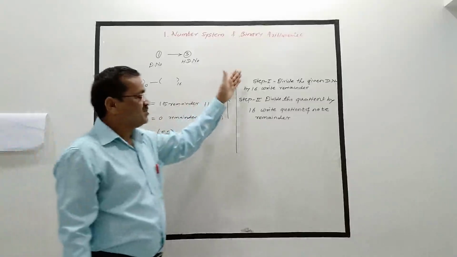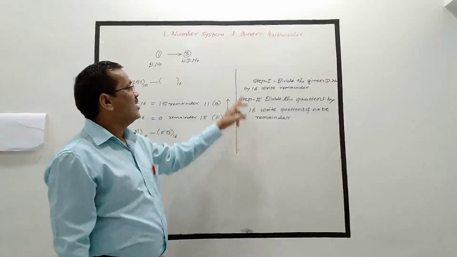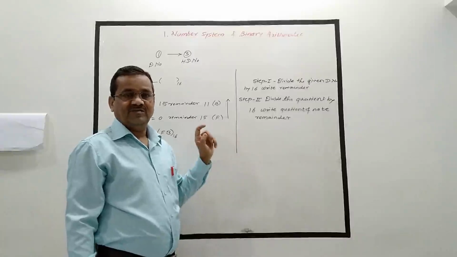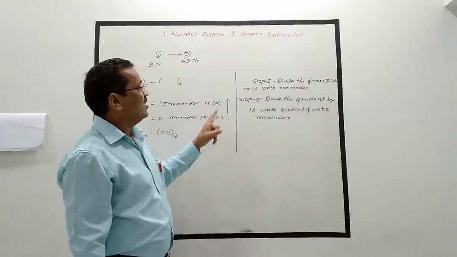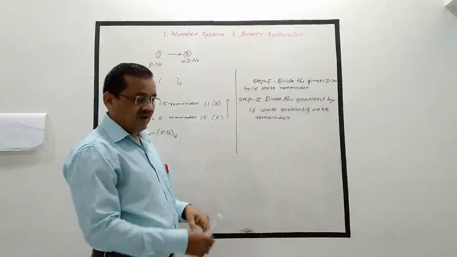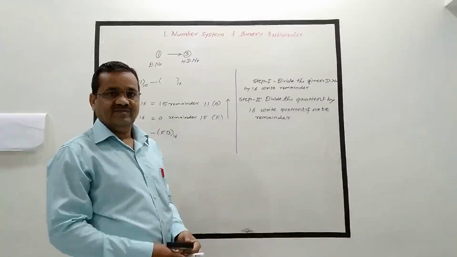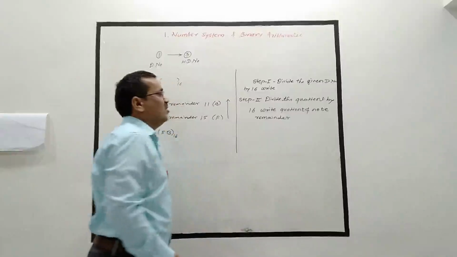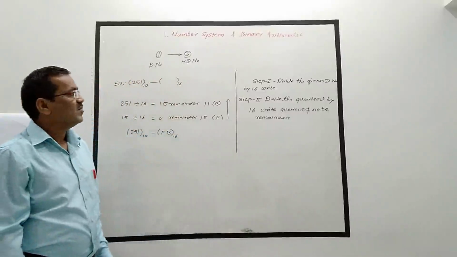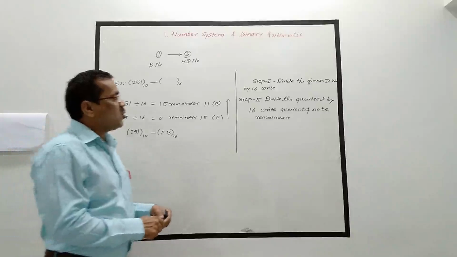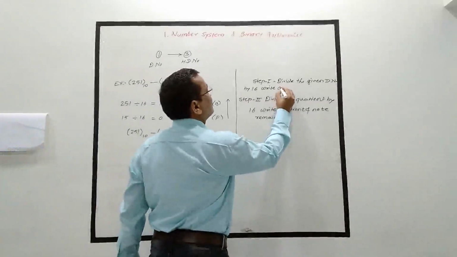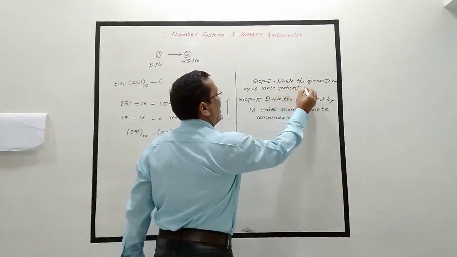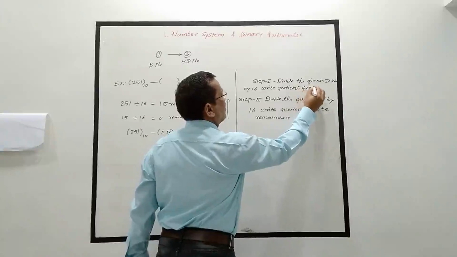So certain steps are to be followed while converting decimal number into its hexadecimal number. Step number 1, divide the given decimal number by 16. Write the quotient and note the remainder.